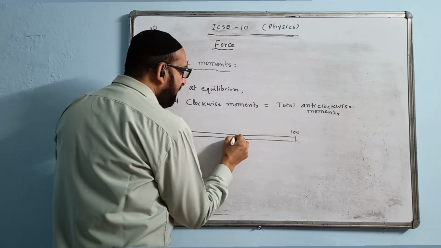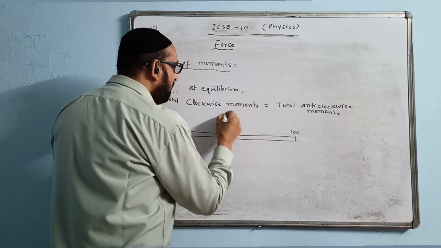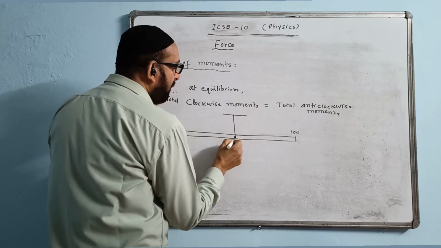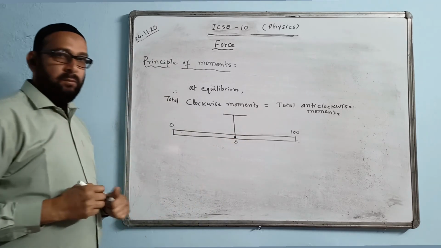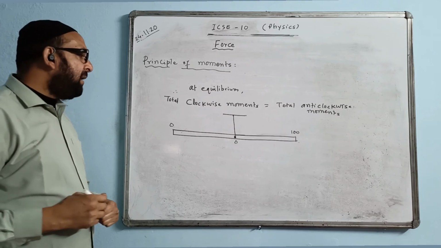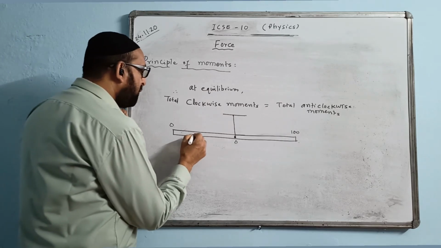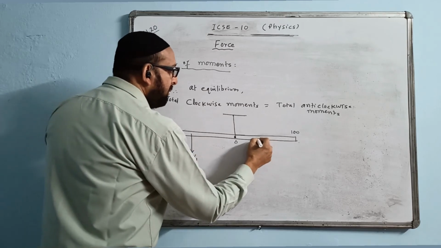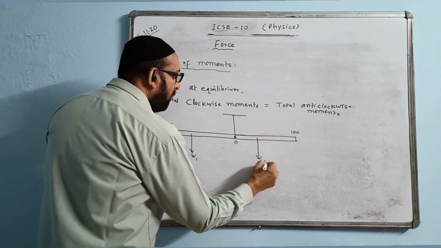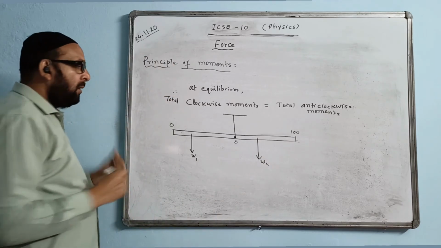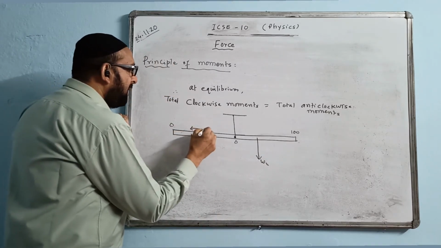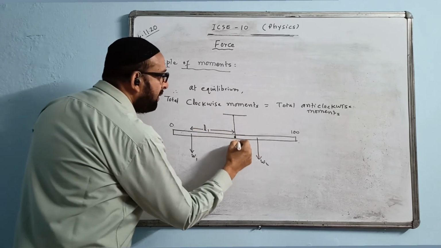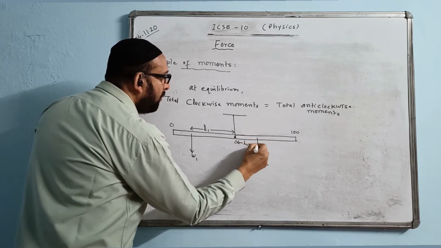It is pivoted at the midpoint, here is the pivot point O. We are balancing it by giving forces like this. There is a force W1 and a force W2 here. Here the distance I take as L1. Here the distance will be L2.